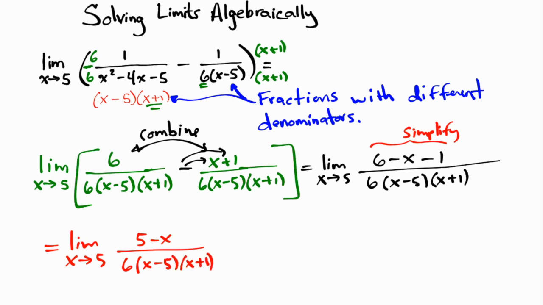And we say, well, we still can't quite cancel these two, but what if you factor a negative 1 out from the numerator? Then we get the limit, as x approaches 5, of negative 1 times, and now the x will become positive, and the 5 will become negative.